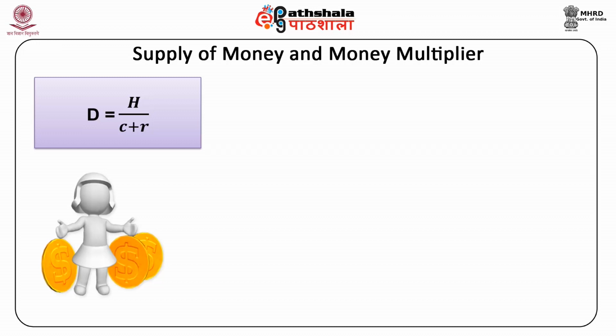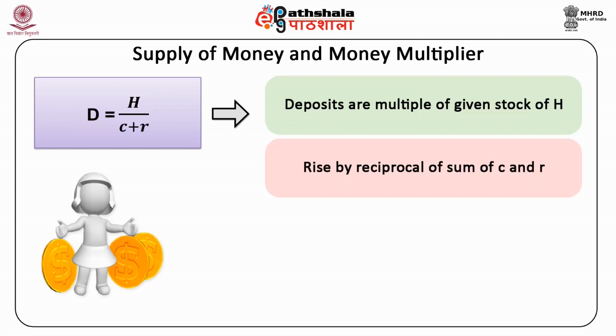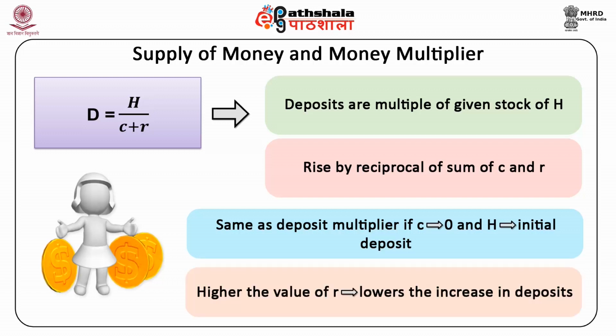This equation shows that deposits are a multiple of the given stock of H and rise by the reciprocal of the sum of cash to deposit ratio and reserve to deposit ratio. This will look the same as the deposit multiplier if c assumes 0 value and H is taken as the initial deposit. It means that a higher value of small r lowers the increase in deposits.